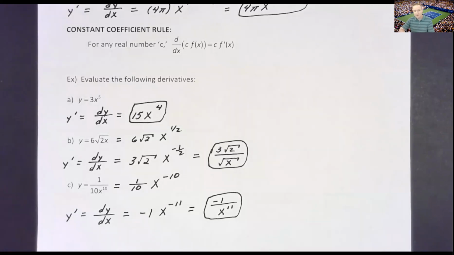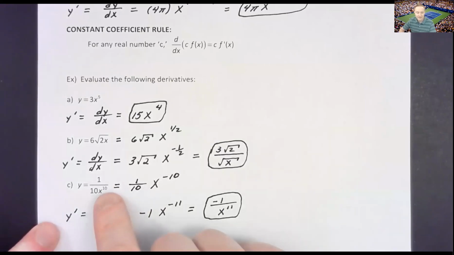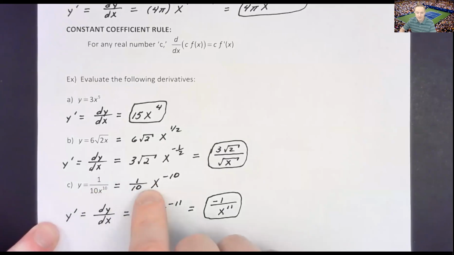Now, for the last one here, for part C, or last one on this page at least, I have 1 over 10x to the 10th. I had to rewrite that and understand that the constant coefficient is 1/10, and then x to the 10th in the denominator means I'm multiplying that 1/10 by x to the negative 10.